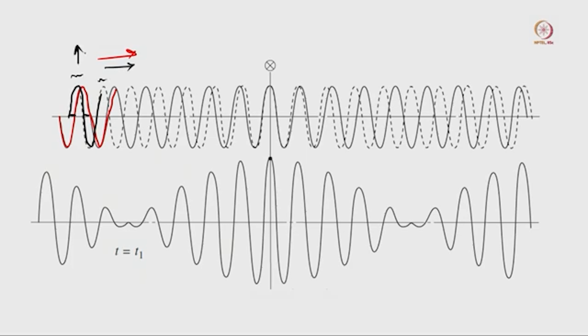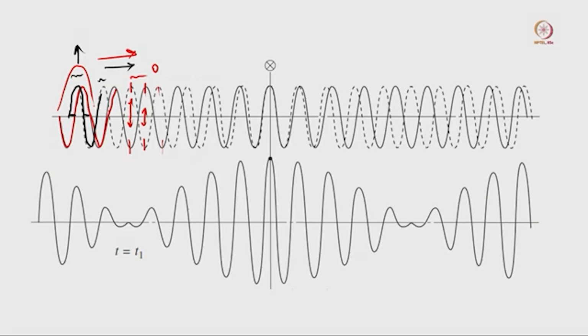But if you go further and look at this particular position, you can see these waves are completely opposite to each other. That means they are neutralizing each other completely. If you consider the amplitude there, it is almost near 0. But here the amplitude is going to boost.